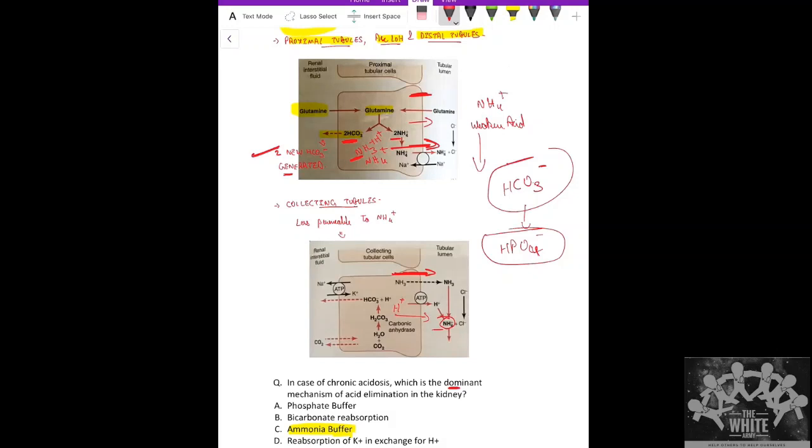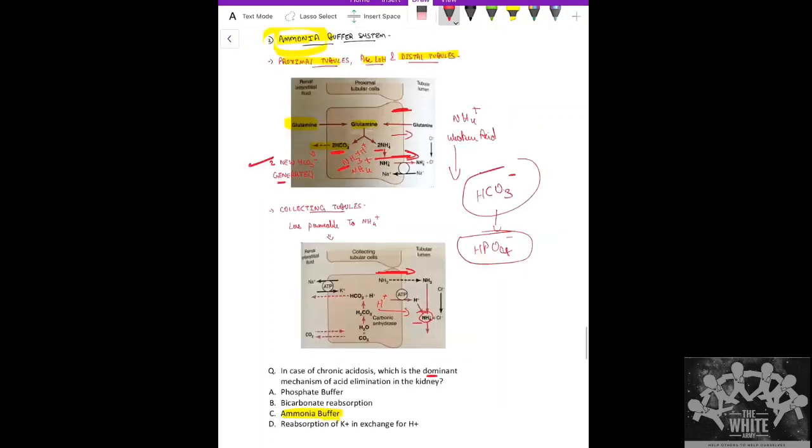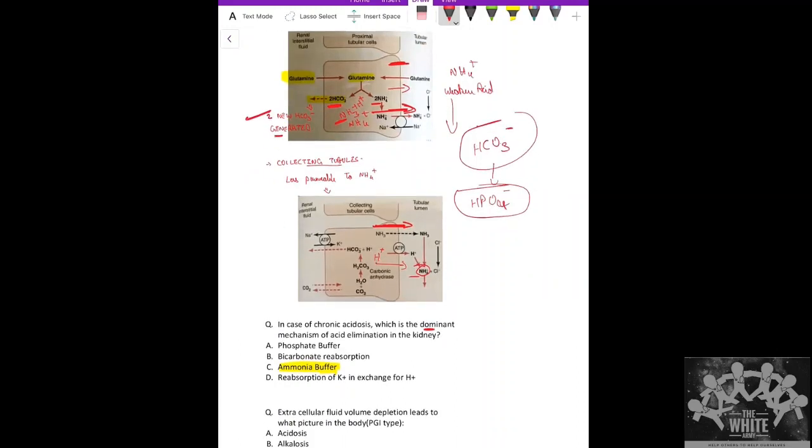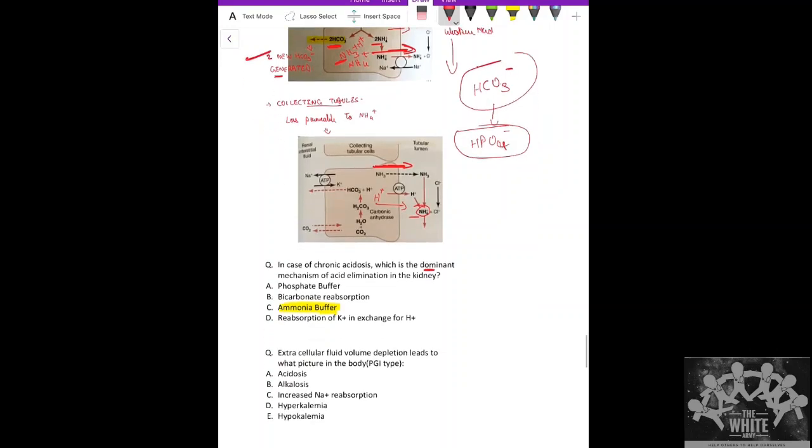After this comes the ammonia buffer, and there is a large concentration of glutamine in the body. So no matter how much NH4 plus is produced by combining with H plus, that much glutamine can be replenished in the body because of its larger concentration. So that was the basic concept. That is why in case of chronic acidosis, the ammonia buffer can work.